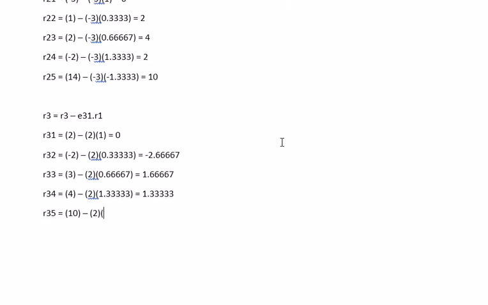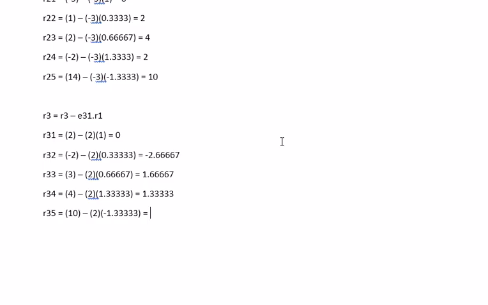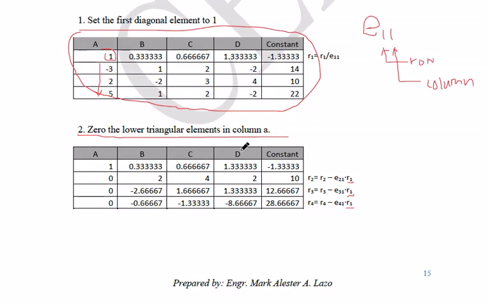Negative 1, negative 1.33333 is equal to 12.667. So that is how we got these values here. And you will do the same with the rows in row 4.